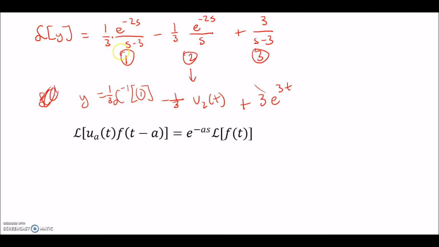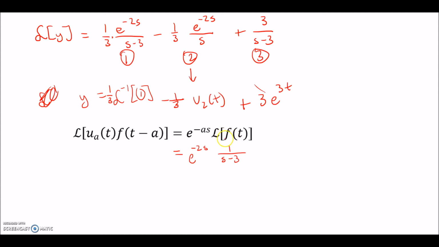So how is what I have here reminiscent of this Laplace transform and the inversion process? What I have is e to the negative 2s times 1 over s minus 3.